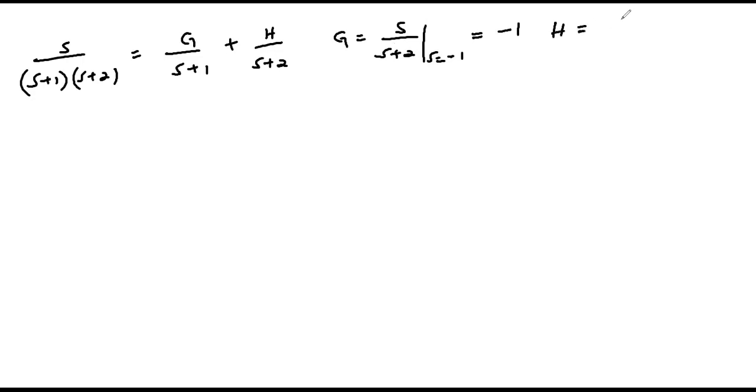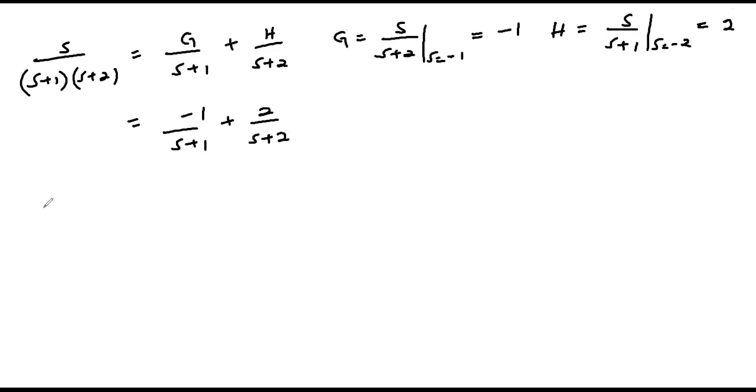Our H will be given by s over (s plus 1) when s is minus 2, which is negative 2 over negative 1, to get 2. And therefore, this can be written as negative 1 over (s plus 1) plus 2 over (s plus 2).